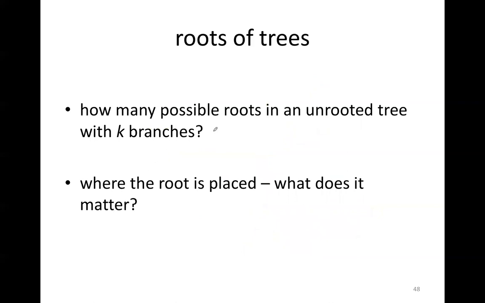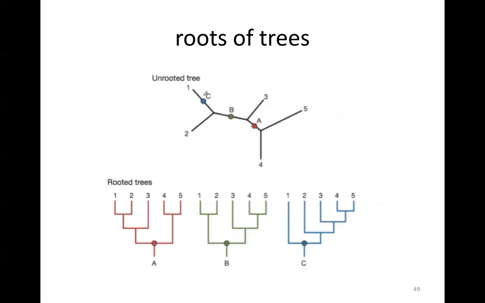Two other questions. How many possible roots can we have in an unrooted tree with k branches? This is a question for you to discuss. Again, it can be a quiz question, or we can discuss during recitation. If we have a tree like this, how many potential roots could such a tree have?